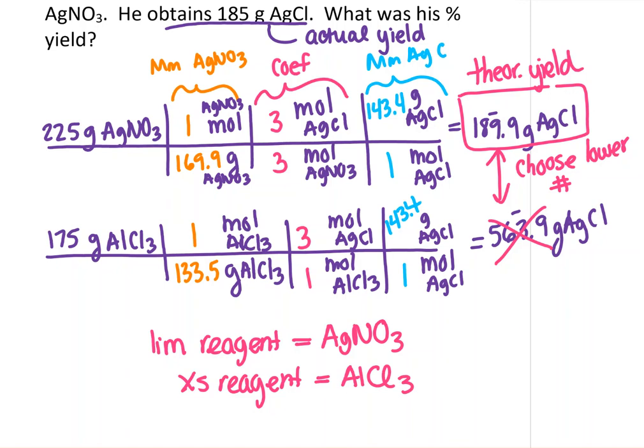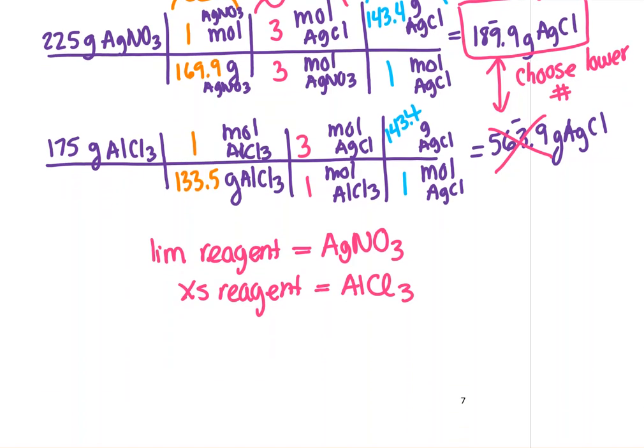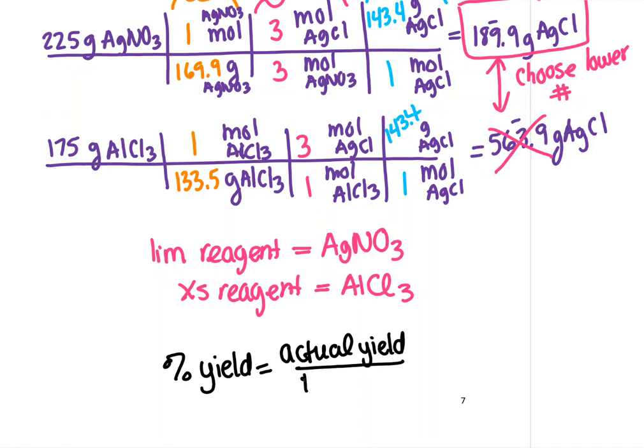Now let's go to the question that was asked. We were asked to find percent yield. And that is actual, which should be the smaller number, over theoretical, times 100.